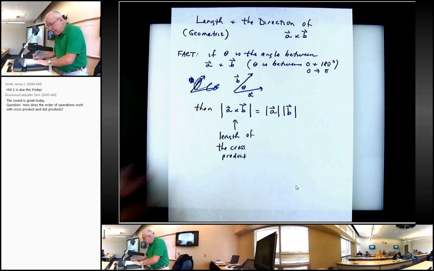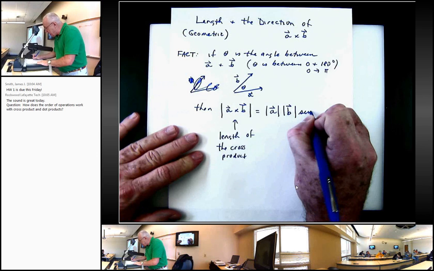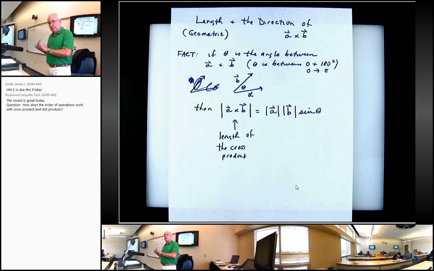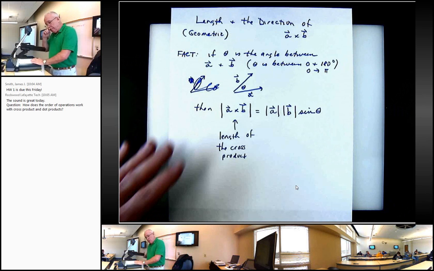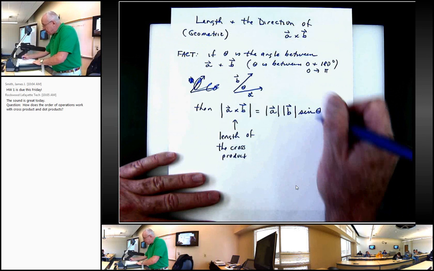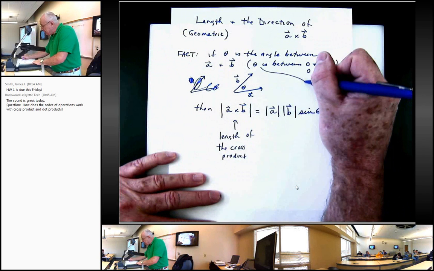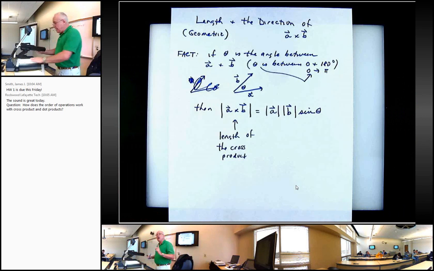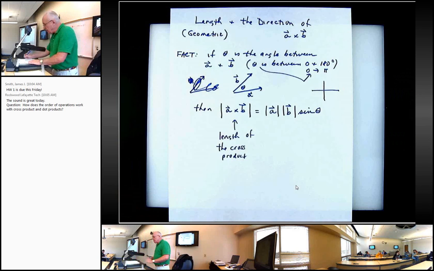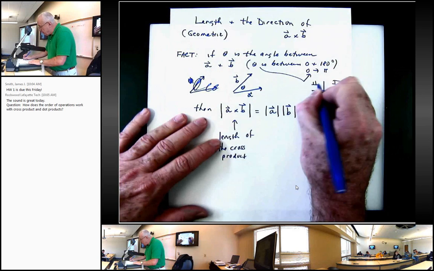But now it's being multiplied by the sine of the angle theta, not the cosine as we had seen before. All right? Now, notice here that since theta is between 0 and 180 degrees, so let's look at our 4 quadrants here, 1, 2, 3, and 4.